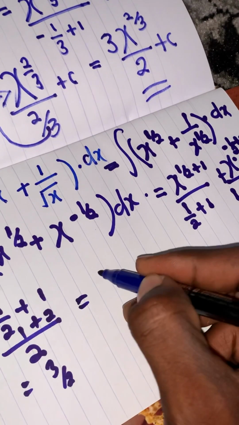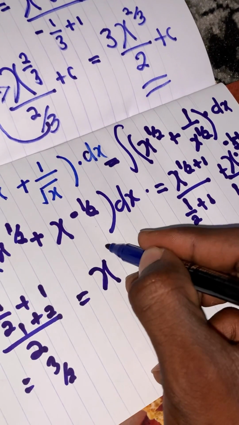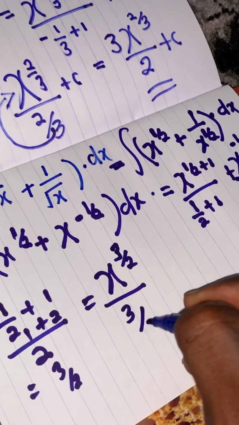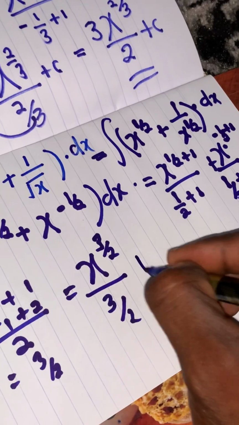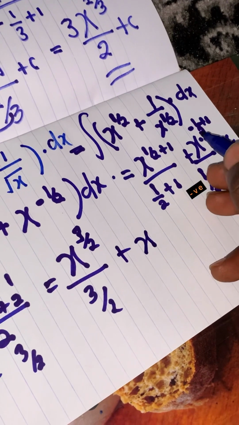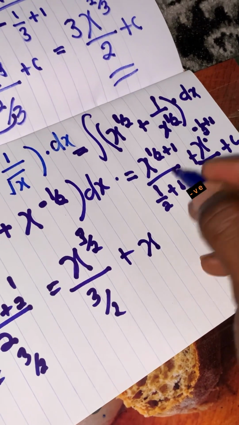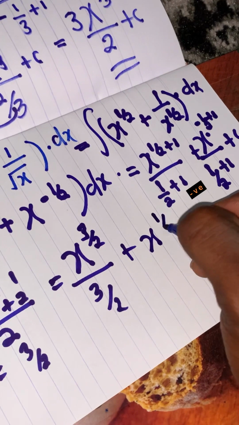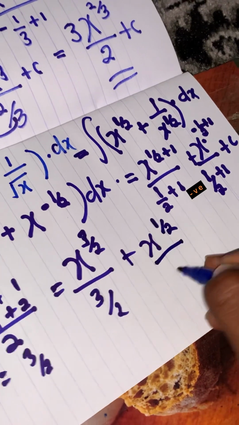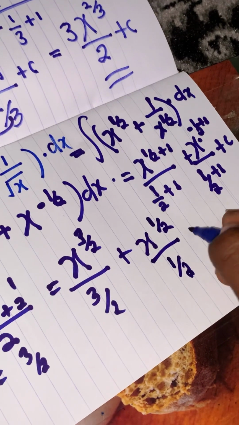Now this would be x power 3 by 2 divided by 3 by 2, then plus this x, this negative 1 by 2 plus 1, its LCM becomes 1 by 2 since it is half, divided by 1 by 2, then plus c.